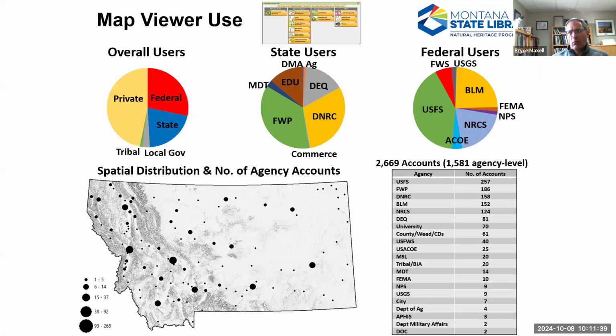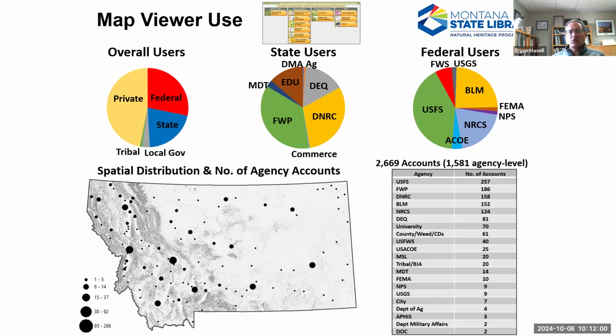I wanted to note that agency resource managers can access this information directly and run the reports themselves with an agency-level password. We have almost 1,600 individuals that have access at this point and can just run the reports directly themselves.